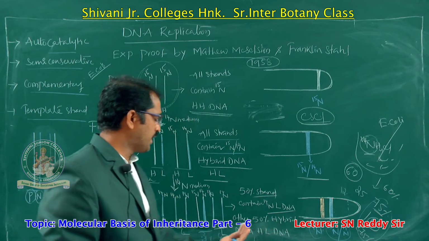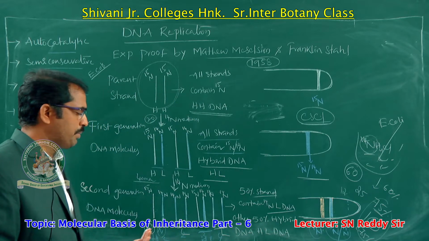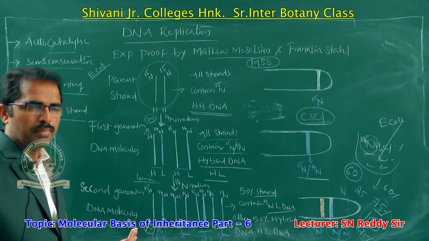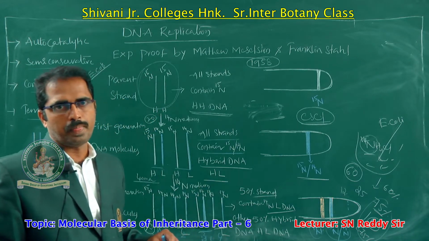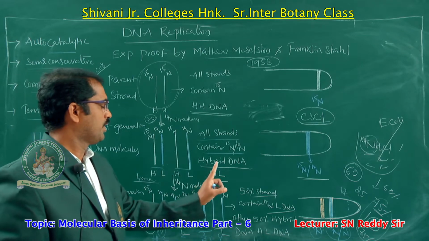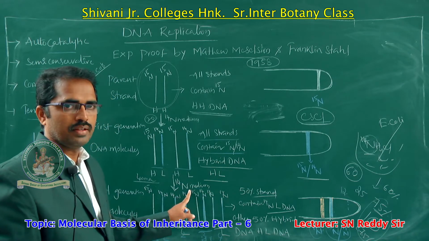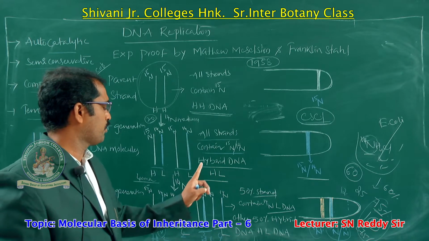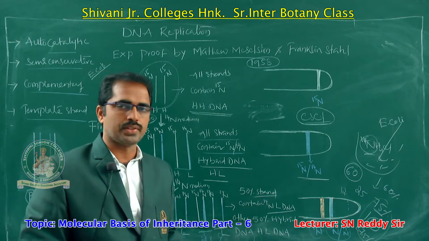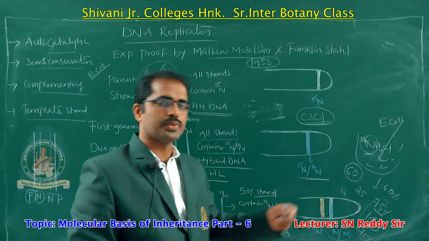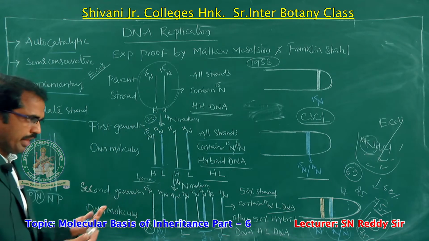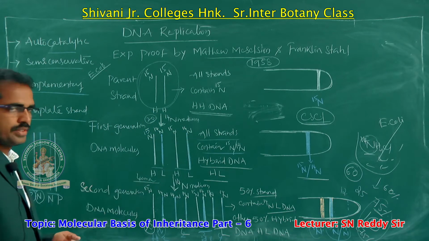The percentage of hybrid DNA will be decreased and the light DNA will be increased, because the medium is N14. By the semi-conservative method only, this process happens. Continuously, the hybrid DNA percentage will be decreased.